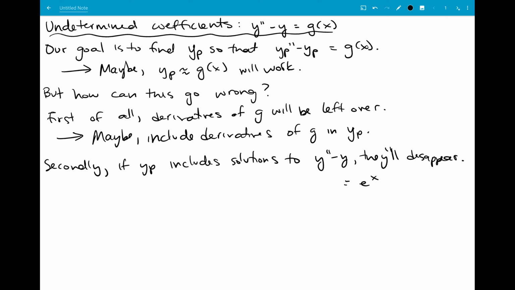So let's say I had e to the x right there, and I said, okay, maybe my y sub p is e to the x, then my y double prime would be e to the x. But that's not going to be e to the x, that's going to be 0. Because it solved the ODE, the left-hand side becomes 0, so my leftover g of x that I want to see isn't there. So we just add on powers of x until this isn't a problem.